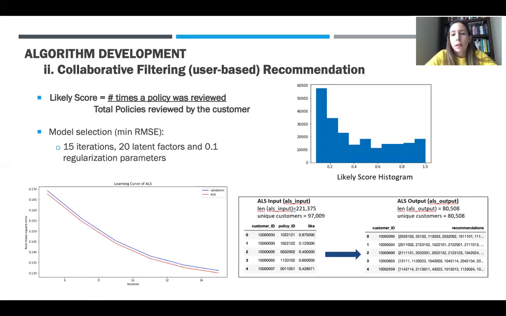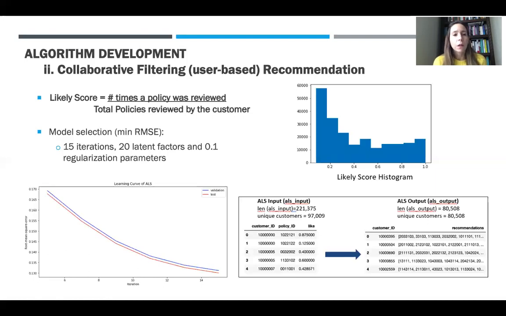For the likely score that we built, we can see the histogram distribution on the right, and it has a high concentration of ratings below 0.4. That is something reasonable that we expected, because, as said before, customers review on average 6 policies before making a decision.